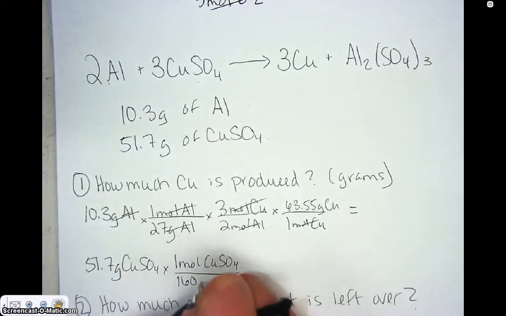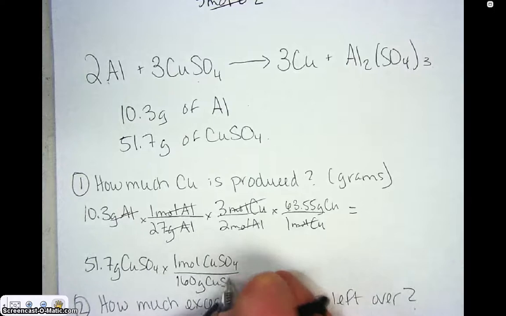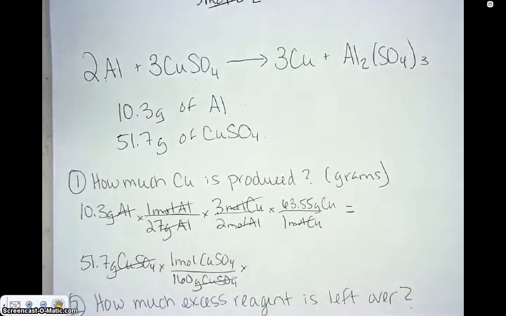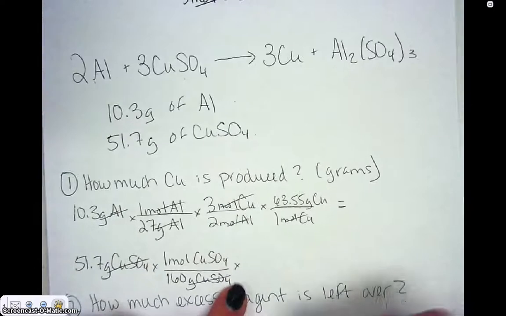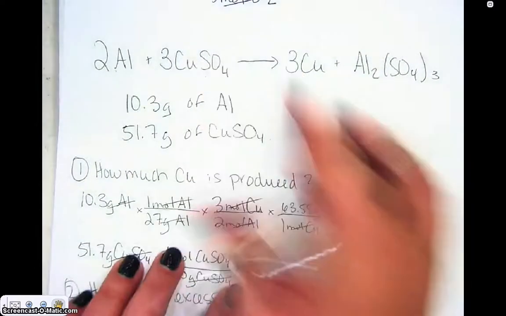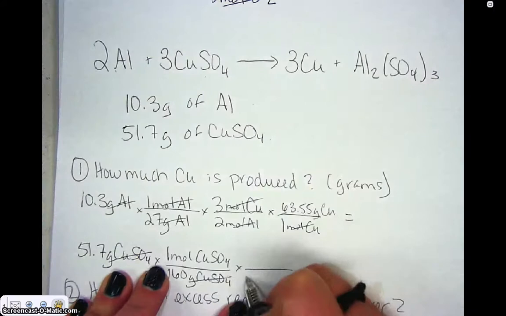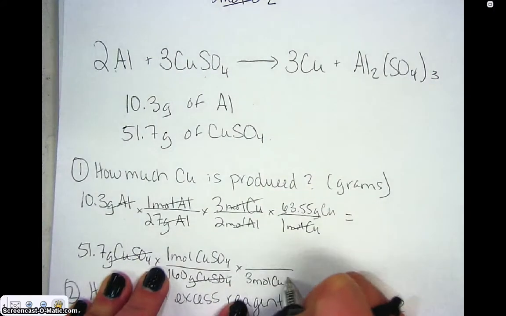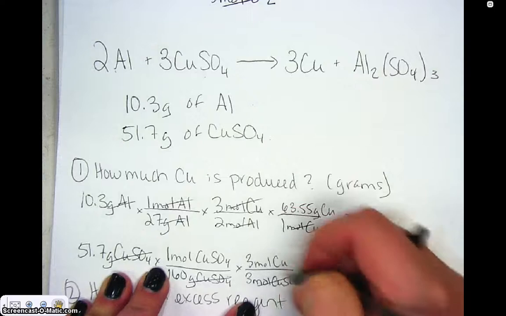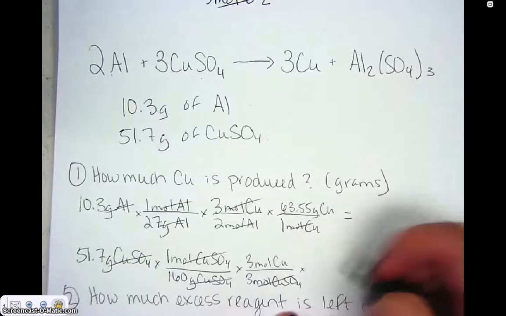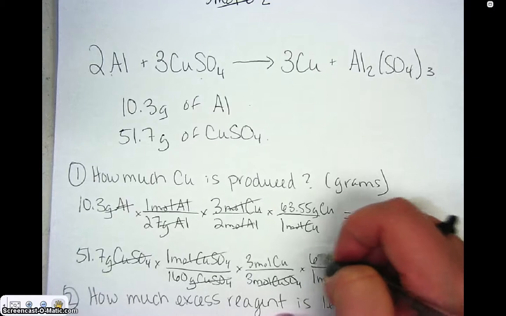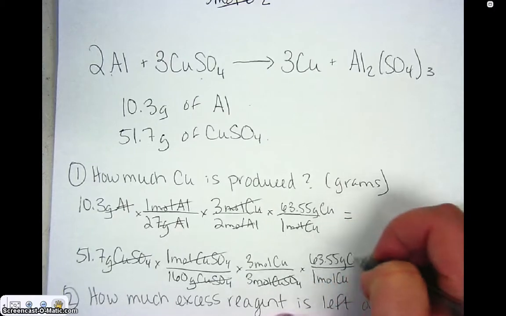So 160 grams of copper sulfate. Okay, now the next step would be going from copper sulfate to moles of copper sulfate to moles of copper. So we see up here we have 3:3 ratio. So 3 moles of copper sulfate for every 3 moles of copper. And then the last step is 1 mole of copper is 63.55 grams of copper.